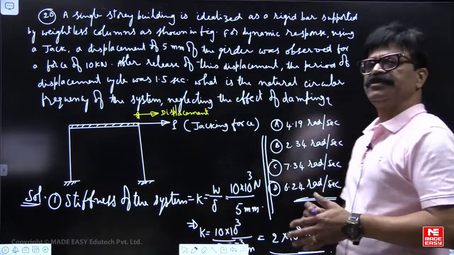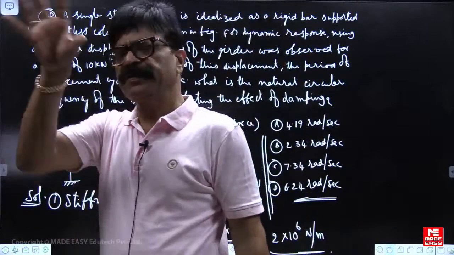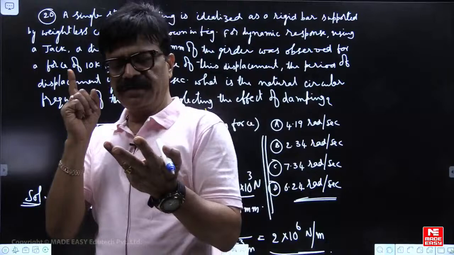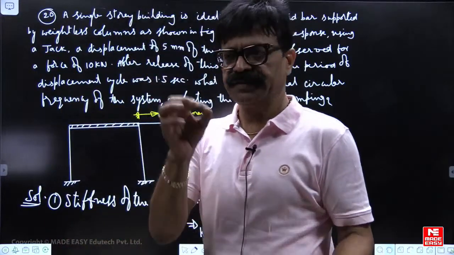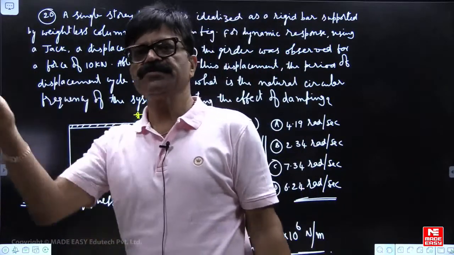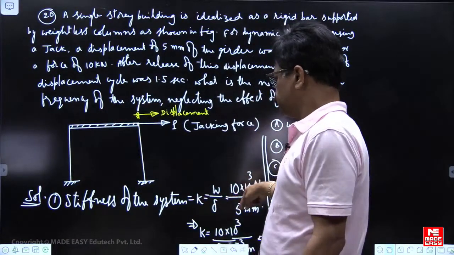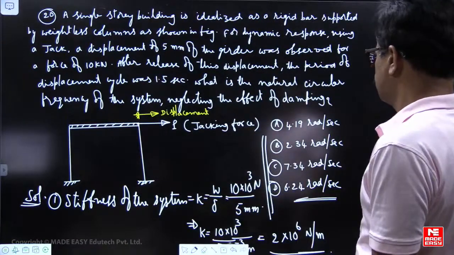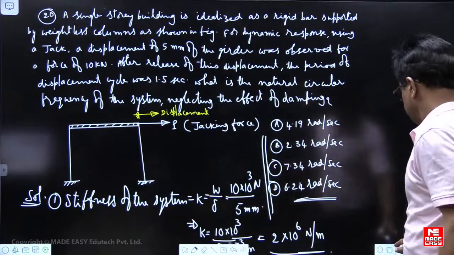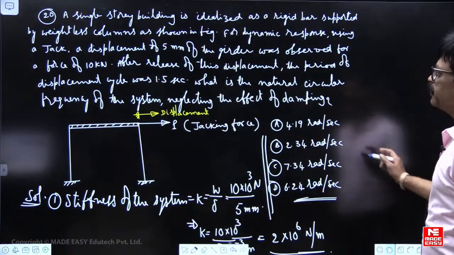It is like only story, big story they give you, but whatever it is, your engineering mechanics, whatever you have studied, natural circular frequency means 2 pi by T. This is the basic formula we have given.